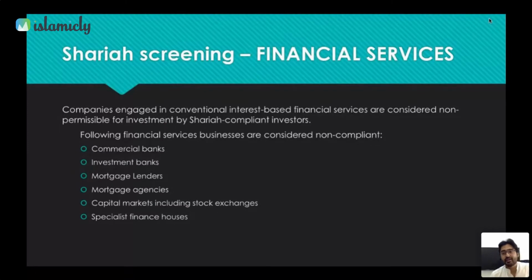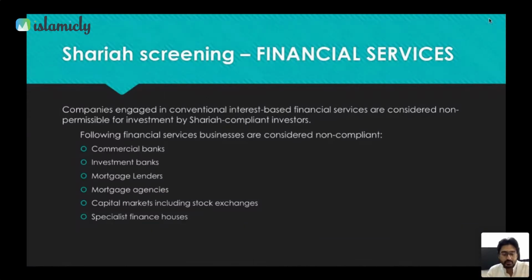That is, if a company is involved in conventional financial services, which are commercial banks, investment banks, mortgage lenders, mortgage agencies, capital markets, including stock exchanges, and specialist finance houses, these are considered non-permissible financial services. A case in point over here, everybody understands that a conventional bank, because it earns money from lending activities which makes interest, it is considered non-permissible.